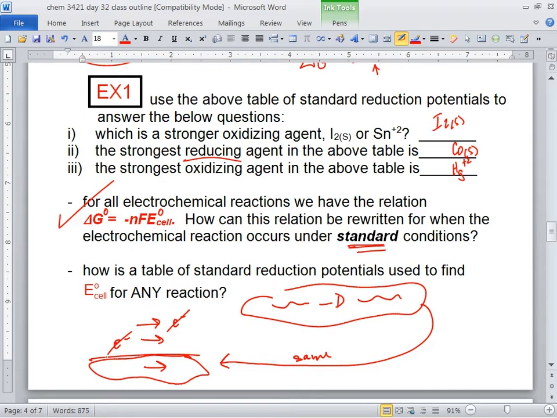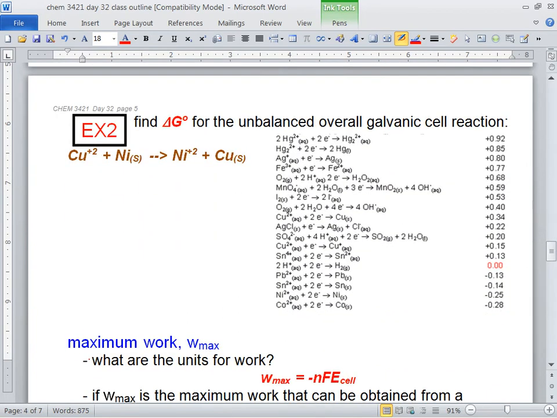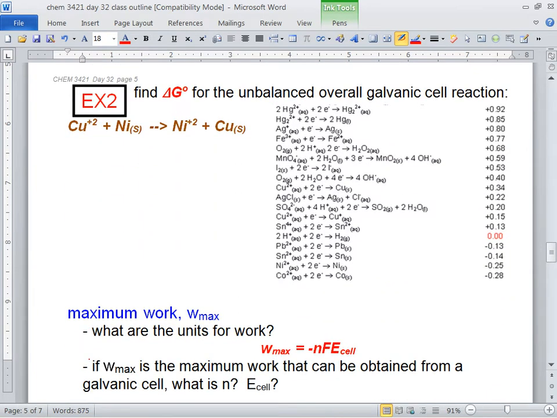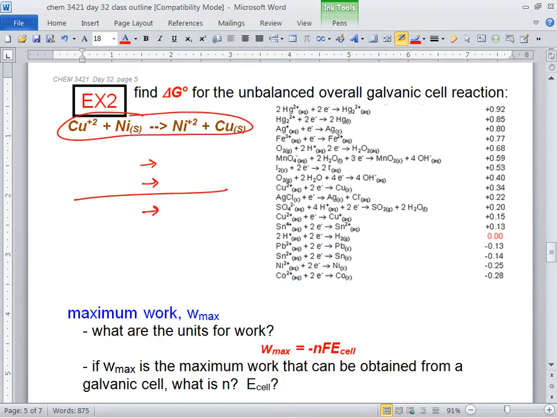And we'll try one. Let's try one here. Find delta G0 for this half cell reaction. So here's the reaction. You find the two half reactions, add them up so that the electrons cancel, and you better end up with this thing on the bottom.